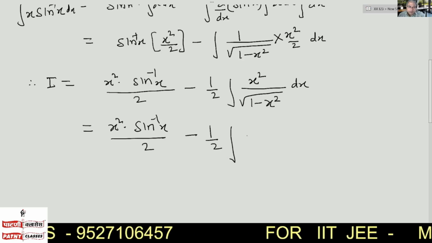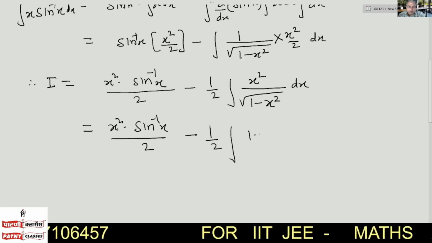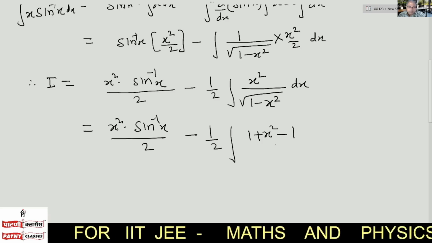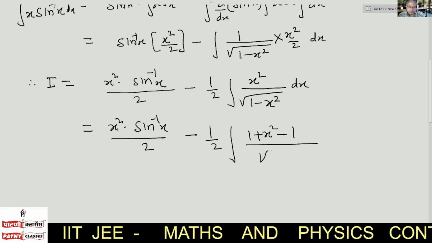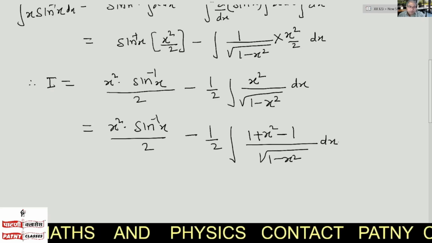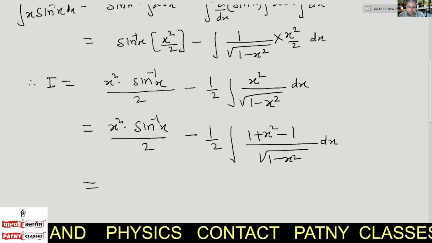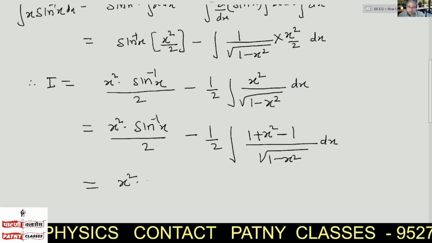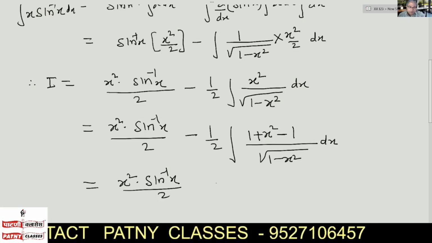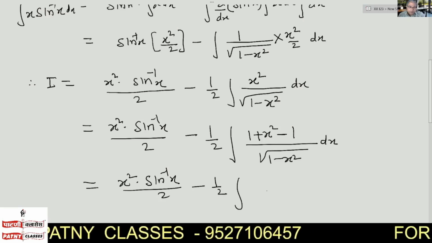Here adding and subtracting 1: plus x square minus 1 upon 1 minus x square with respect to x equals x square sine inverse x upon 2 minus 1 by 2.